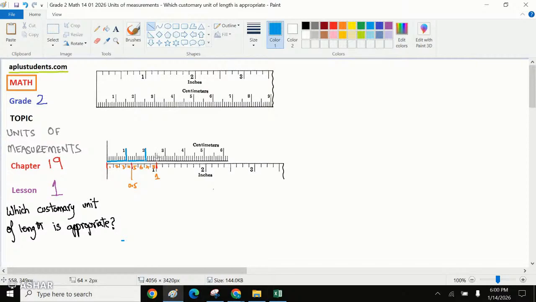That means an inch is approximately 2.5 something, 2.6. So we can say that 1 inch is equal to 2.5 something centimeters, right?